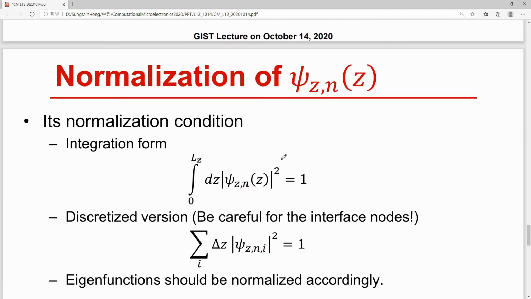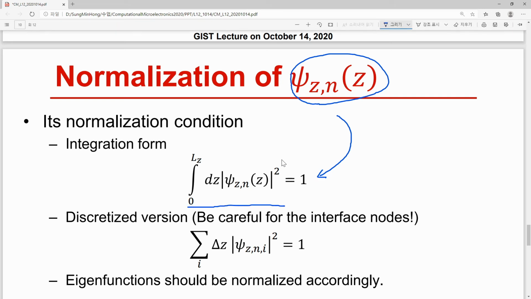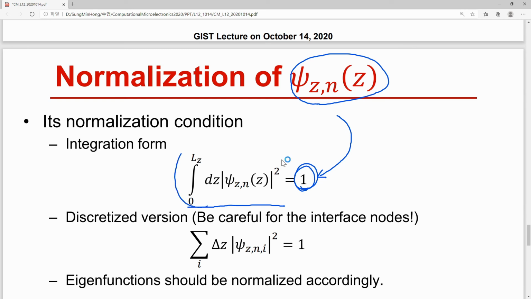So as I told you before, the normalization condition of our z-directional wave function is that the wave function itself should be normalized to 1. The square of the z-directional wave function, when integrated over the entire z space, should give unity.